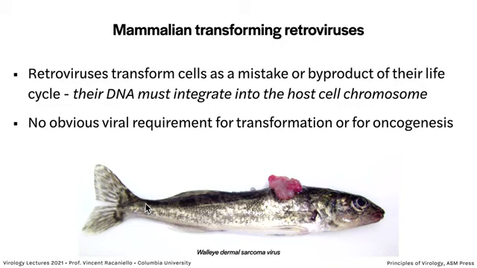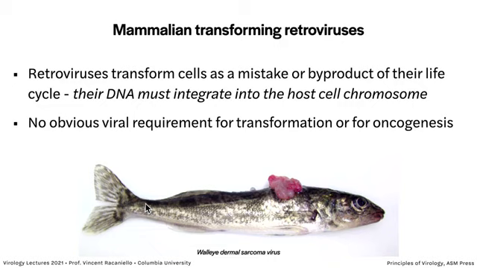And then in the spring, the water temperature change probably triggers increased viral production. So these tumors now are full of virus. And these tumors fall off the fish in the spring, and the virus particles end up in the water in time for the new spawning, the new fish to be born and be infected.